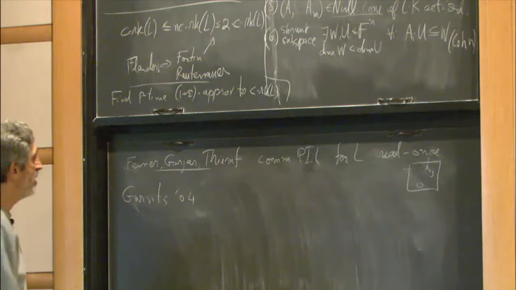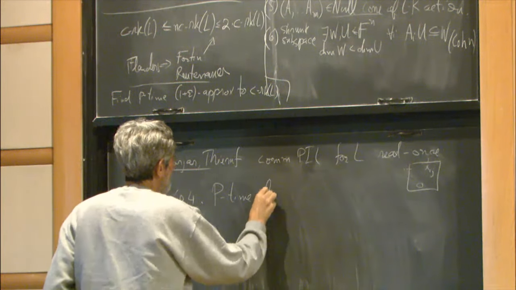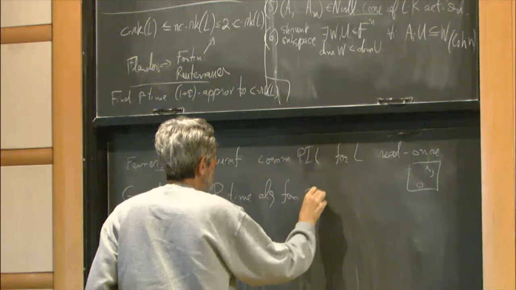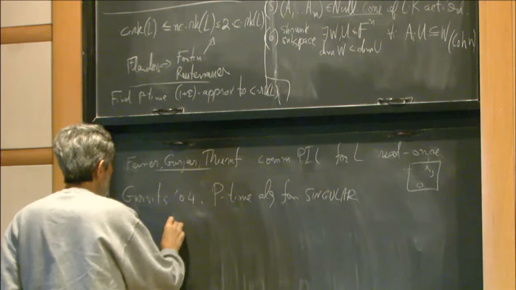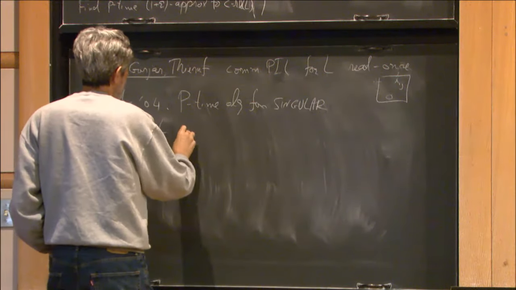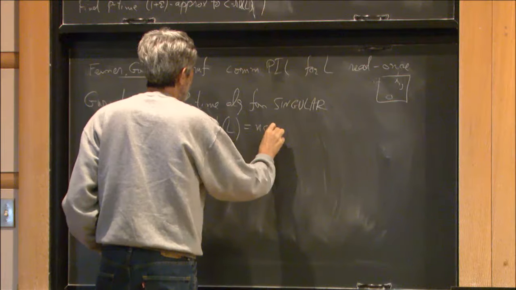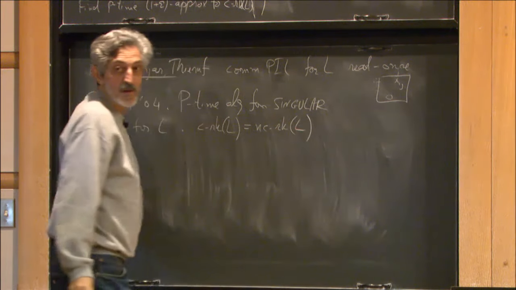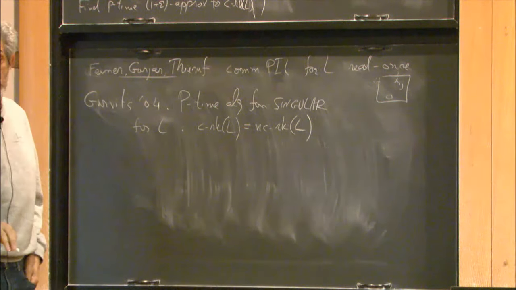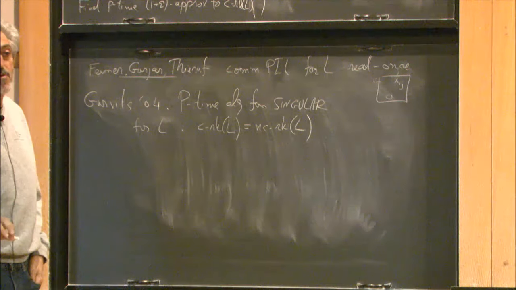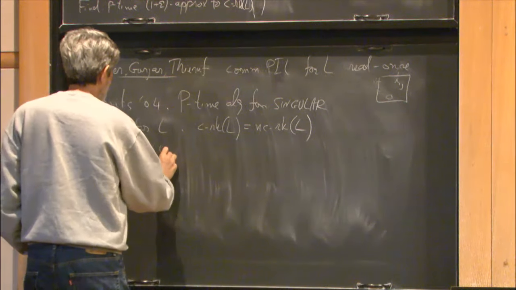And what Gurvits did, he gave a polynomial time algorithm for singularity for L such that the commutative rank of L equals the non-commutative rank of L. So he had another restriction on linear symbolic matrices, those matrices for which the commutative and the non-commutative rank are the same. Such spaces have a name. They are called compression spaces.